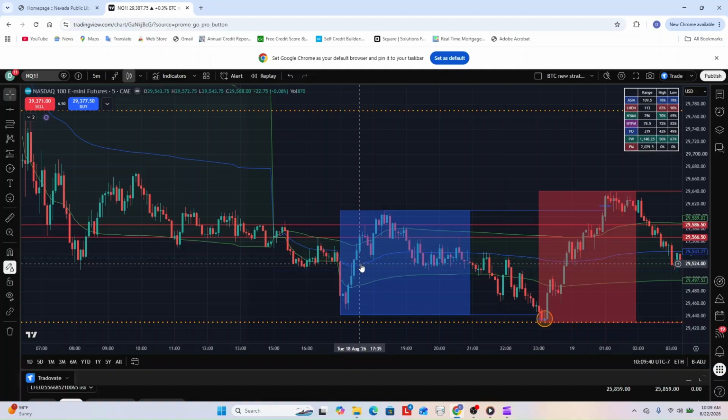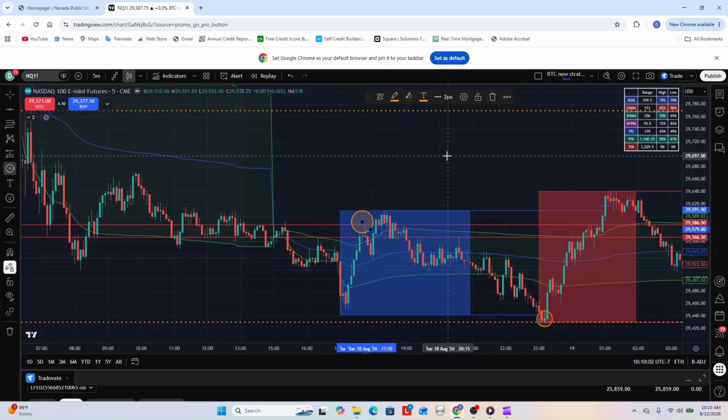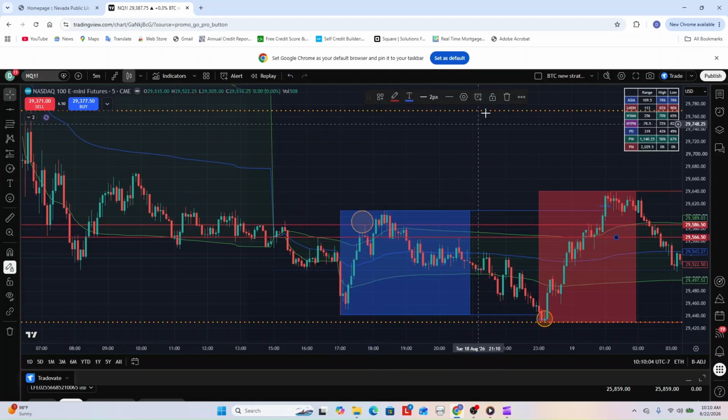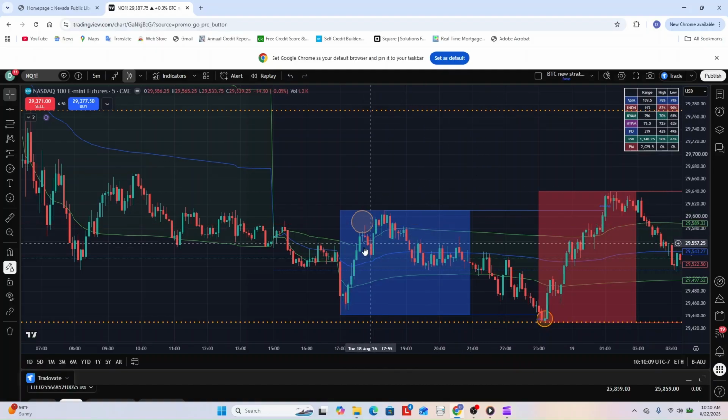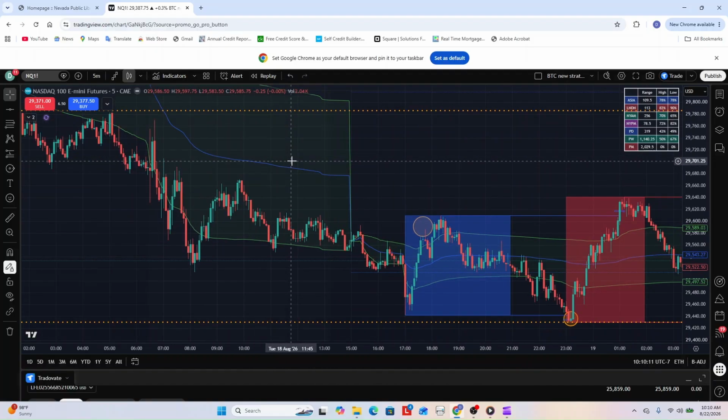You wouldn't have been able to hold it because, as you see, it went back above, and it created another session high. So I'm going to go ahead and mark this out for the video. So that did show up in this trade. It's Asia session. Next Tuesday.